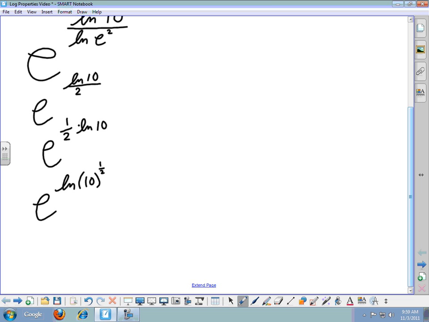At this point, we do have a property that allows us to reduce e to the natural log of x, which is equal to x, because they're inverses of each other, the composite function produces x. Therefore, our answer here is 10 to the 1/2 power, or the square root of 10.